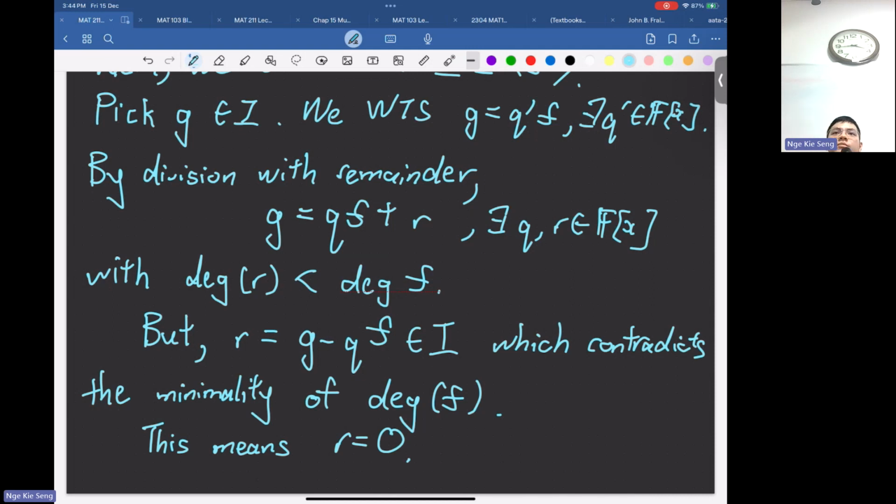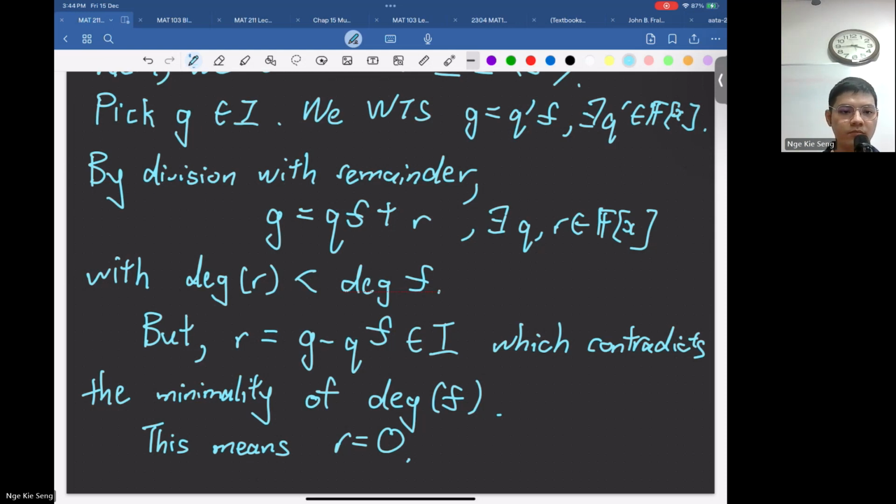If r is 0, then we are done. Then g is divisible by f. There's no remainder. Make sense? This is a very classical proof, the contradiction of minimality.